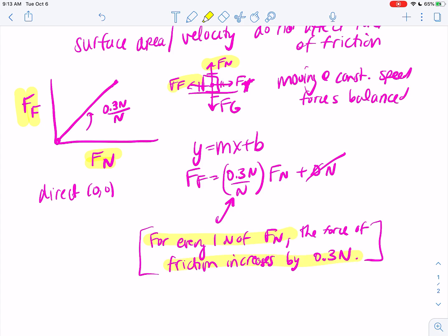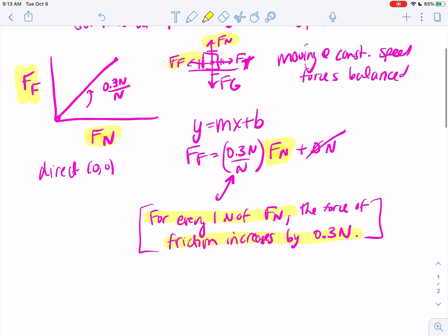You can press the surfaces together harder by increasing the weight or the force of gravity of the object by putting more mass into whatever you're testing. Or you could also increase the normal force by actually pushing down on it. Anything pushing or pulling down on it, anything that makes those surfaces fit together more tightly, is going to increase the friction, which is probably pretty obvious.